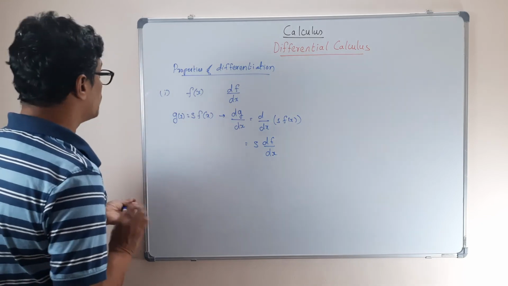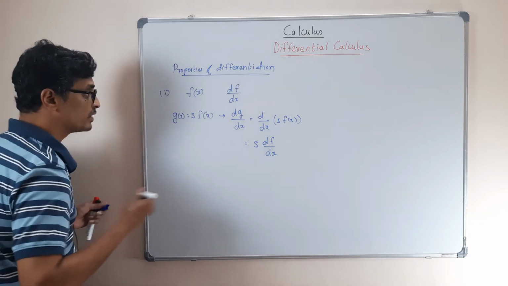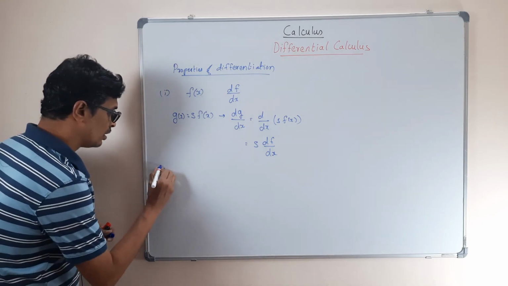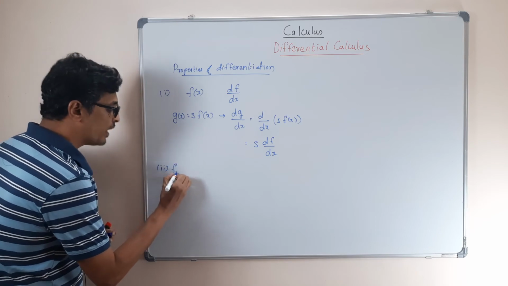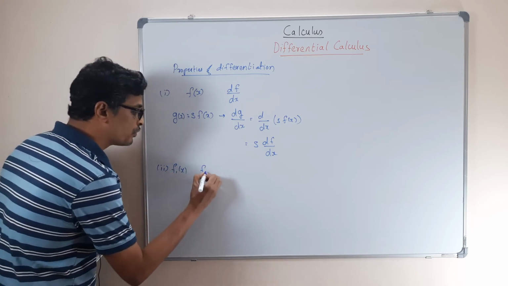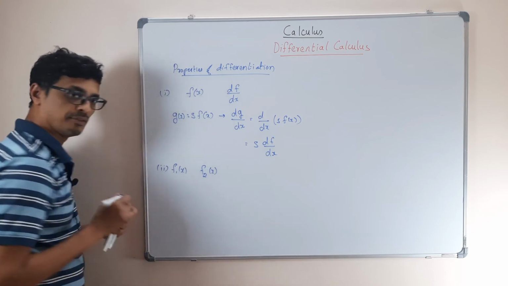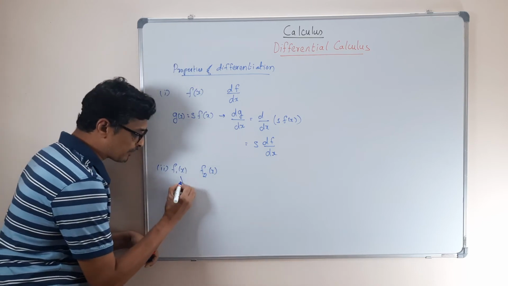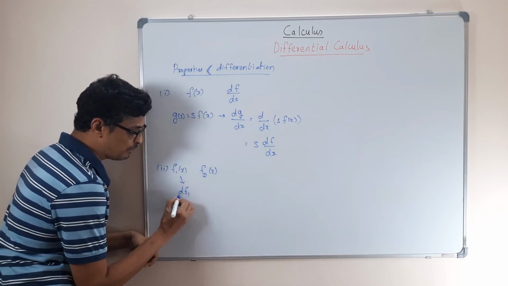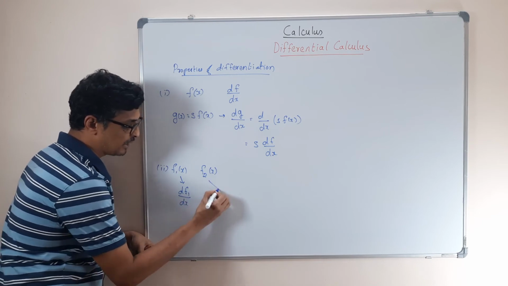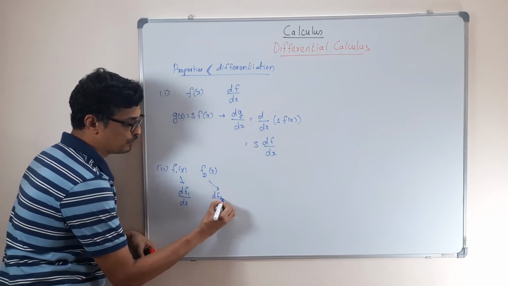What I am going to do is give you two functions, f1 of x and f2 of x. This will have a differentiation df1 by dx. This will have a differentiation df2 by dx.